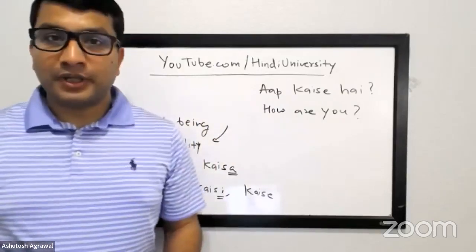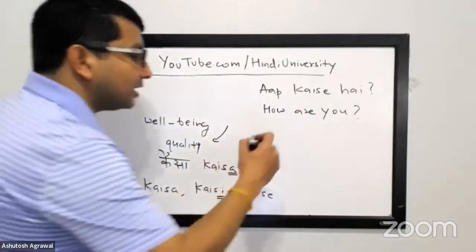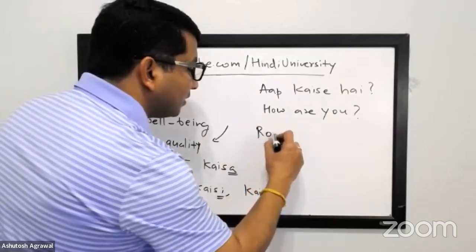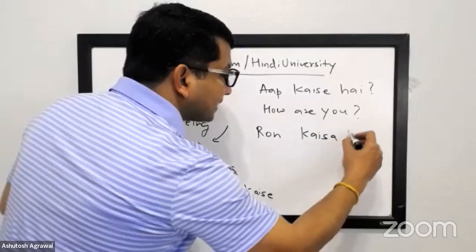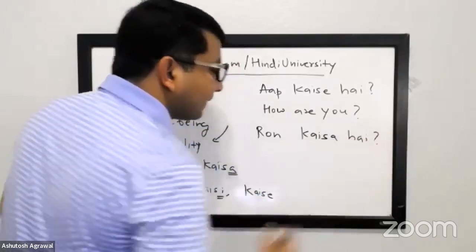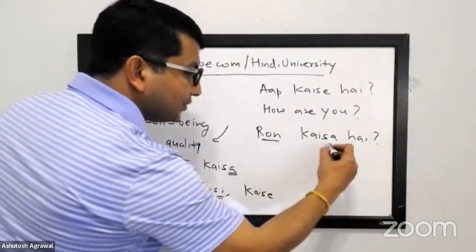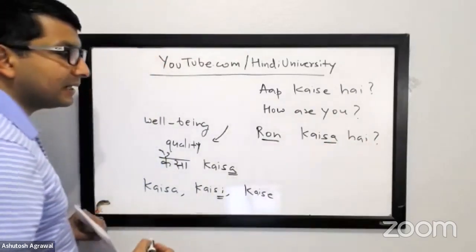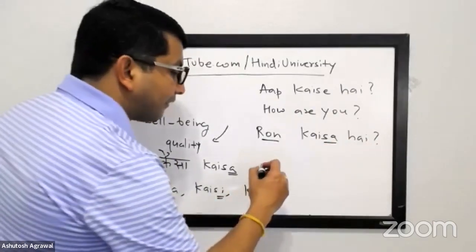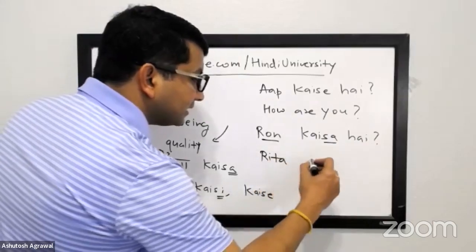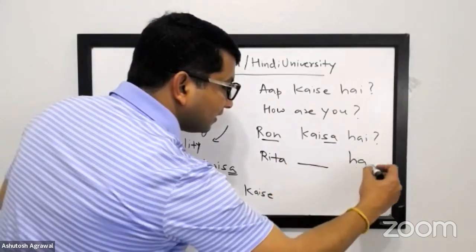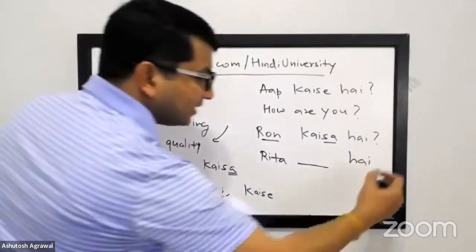How are you doing? If I'm asking about a masculine singular, it would be Ron. For example, Ron कैसा है? How is Ron? Because it's Ron, I'm using कैसा. If I'm inquiring about Rita, it would be Rita. Susan ji, what do you think it will be?